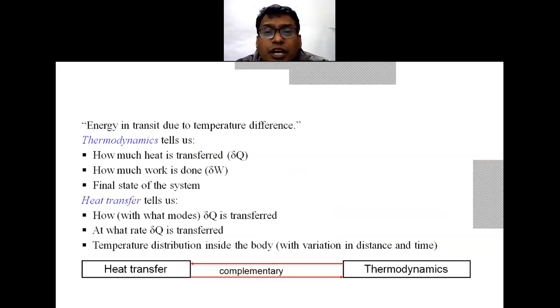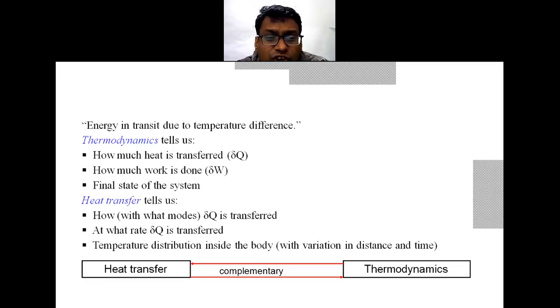So finally, coming to the specific points, thermodynamics tells us how much heat is transferred and how much work is done. It is more concerned with the initial and final states of the system.